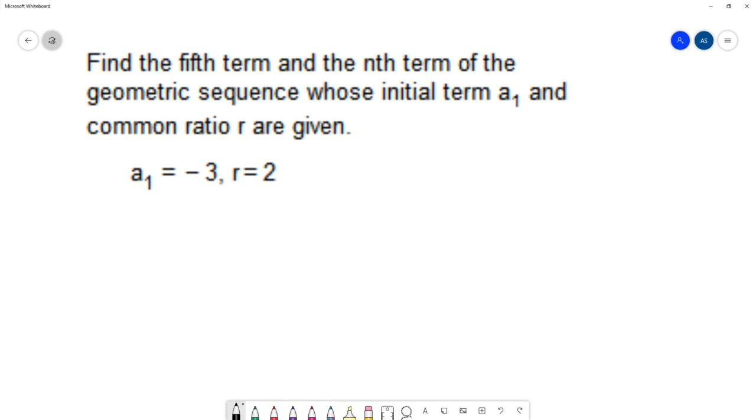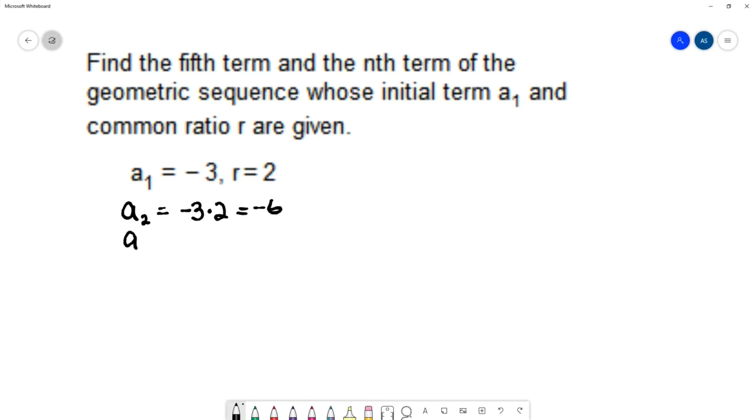So what we know about geometric sequences is that we can use that common ratio to get to the next term in the sequence. So I can find the second term of the sequence by taking the first term and multiplying it by the common ratio. So that's going to be negative 6.